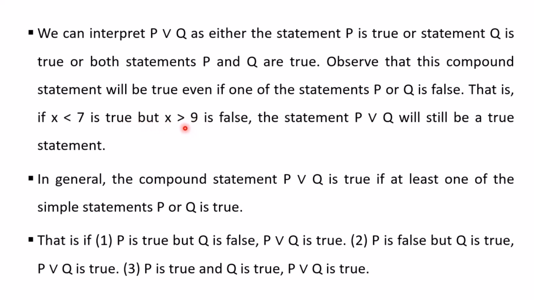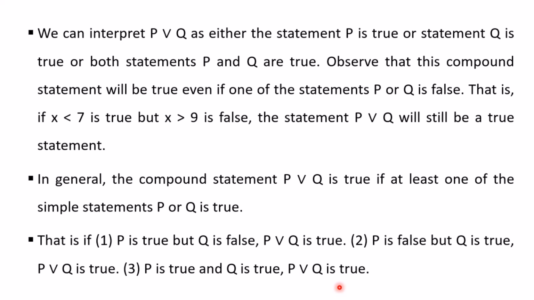So in general, the compound statement P or Q is true if at least one of the statements is true. This is what we just talked about. That is, if P is true but Q is false, then P or Q is also true.